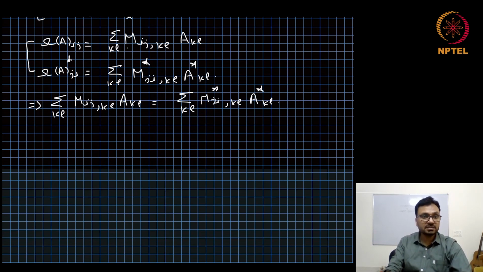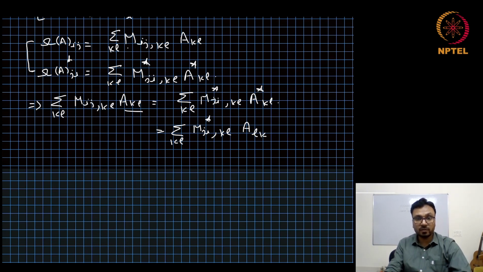But these two conditions are the same only if A is the Hermitian operator. So A_KL is equal to A_LK star. So we can replace this: M_ji star KL and A star KL is equal to A_LK. We have to take the transpose and we have to take the complex conjugate.